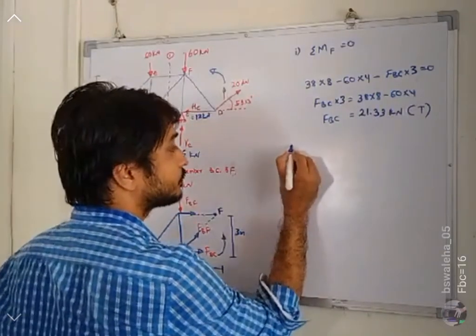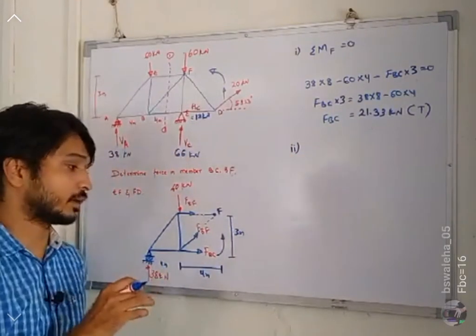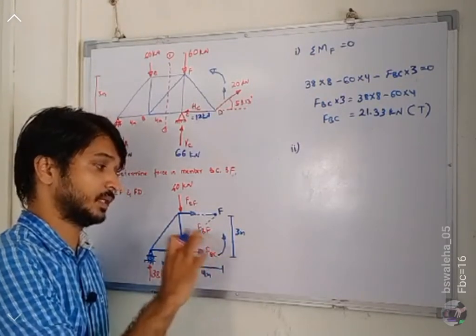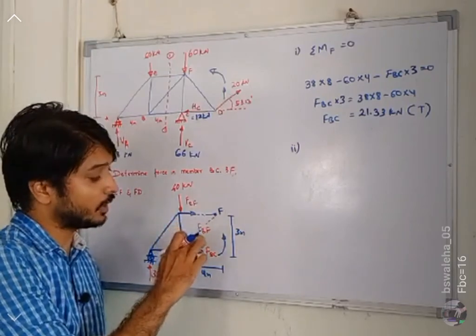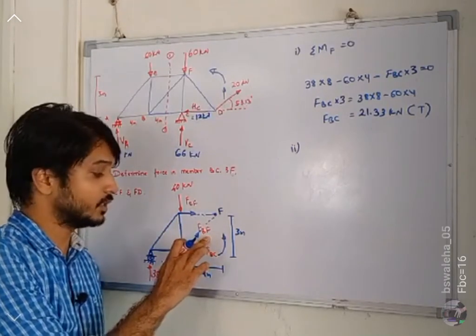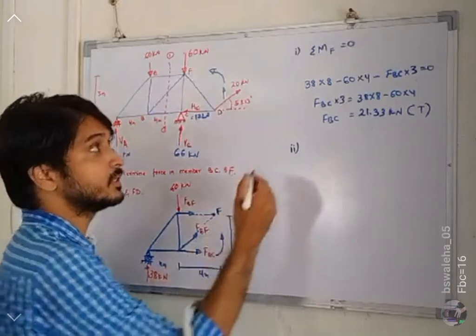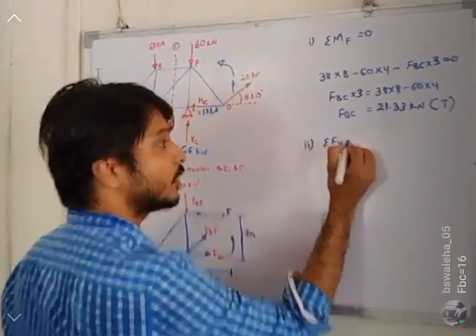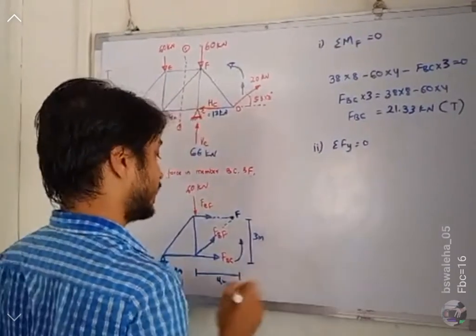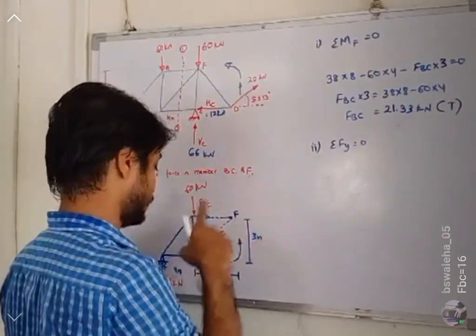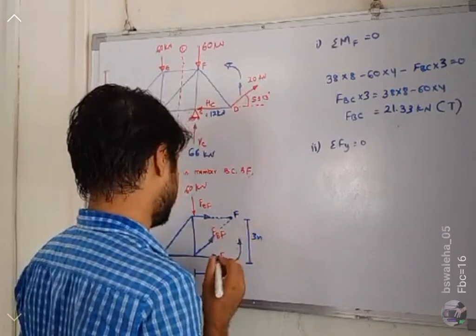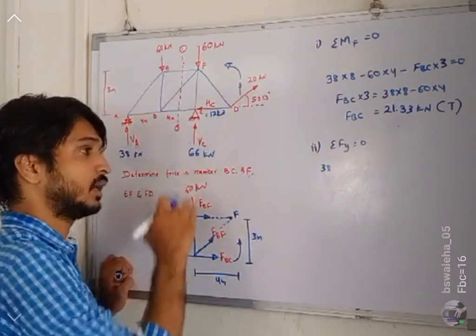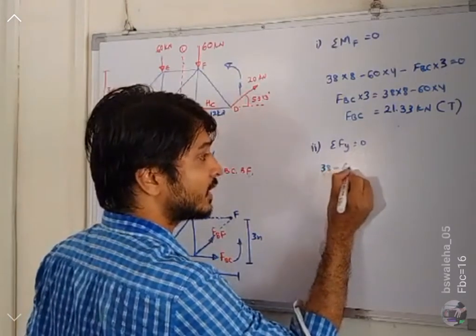Next, the second one. If I want to calculate FBF, what can I do? This is horizontal, this is also horizontal. If I take the vertical component, only this term will come, and then we can easily calculate FBF. Summation of Fy equals to 0. So if I take the vertical components of the forces or reactions, 38 is in positive direction, and then minus 60, which is in downward direction.